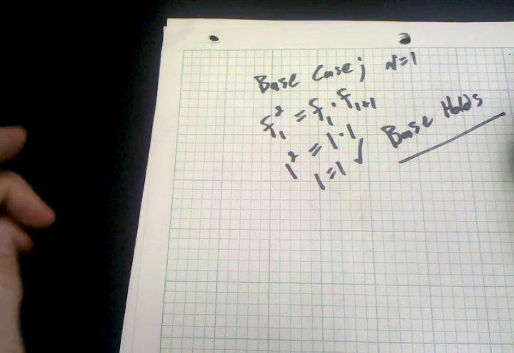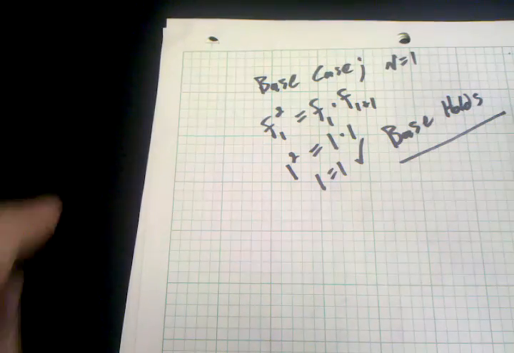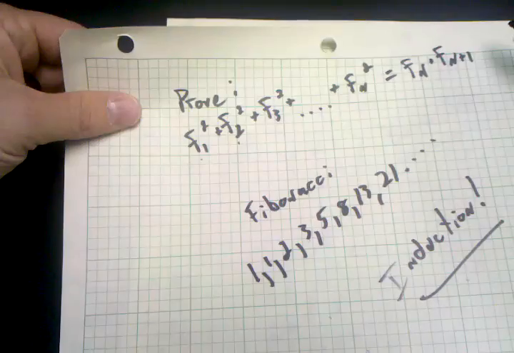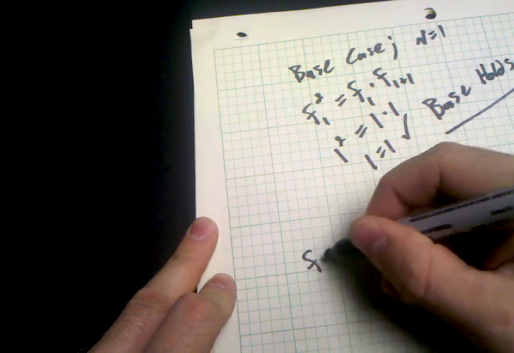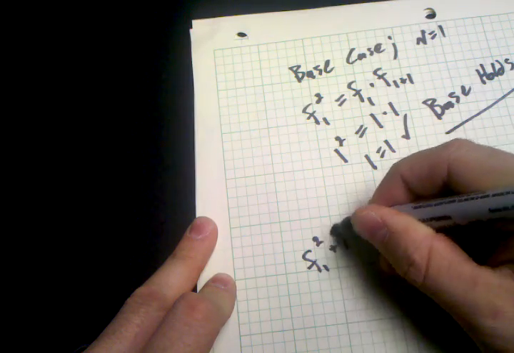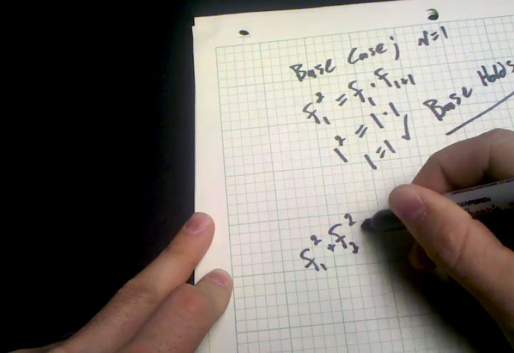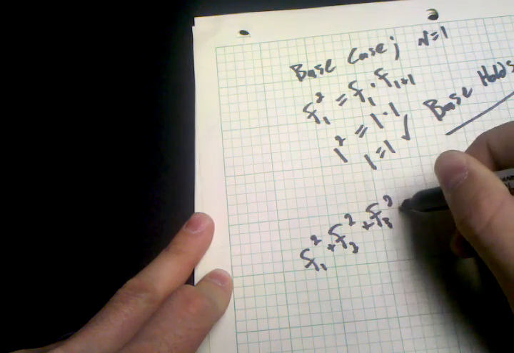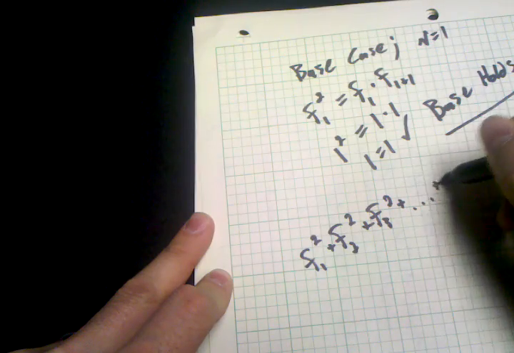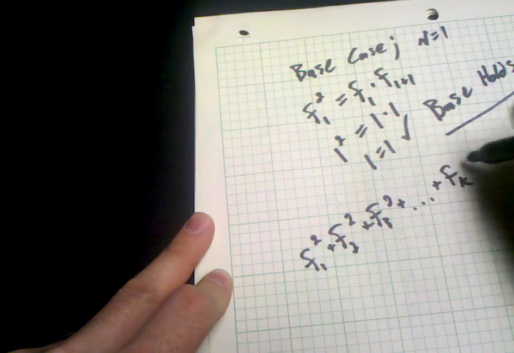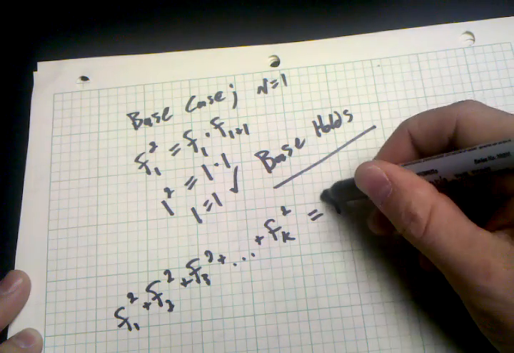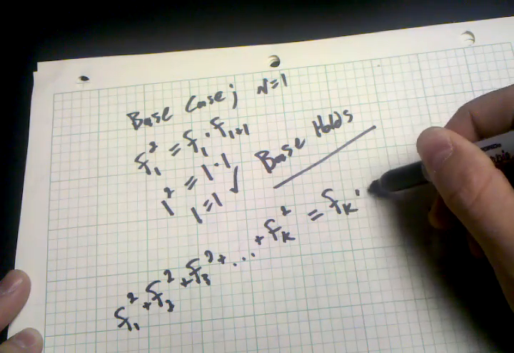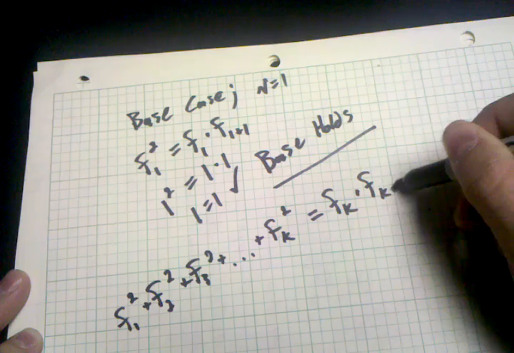The second part of mathematical induction is the assumption. For this assumption, just bear with me, we're going to take k, the letter k, and plug it in here for n. So we're going to say that f sub 1 squared plus f sub 2 squared plus f sub 3 squared plus dot dot dot plus all the way to f sub k squared, we're going to say that's equal to f sub k times f sub k plus 1.